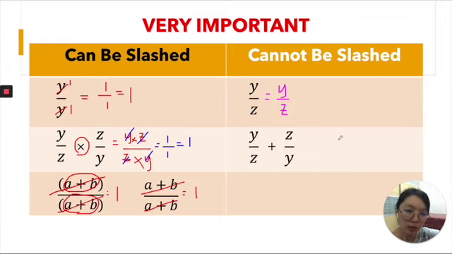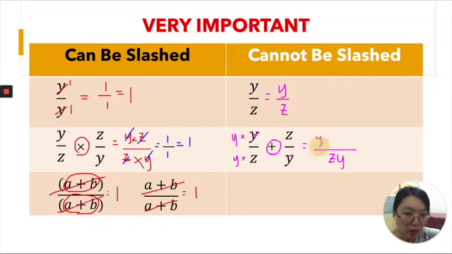The next one. This is no longer multiply. This is add. When I have add, I cannot cross slash. You can't do that. When you have add, the only thing you can do is make the denominator the same, z times y. And when the bottom times y, top times y.